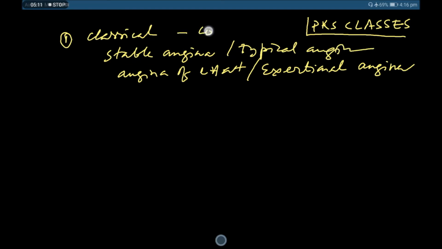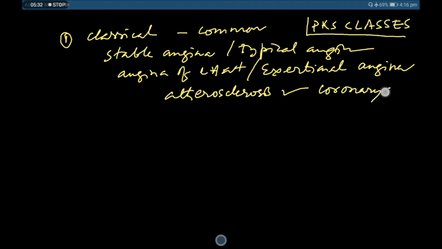This is the most common form of angina, where there is obstruction of large coronary arteries because of atherosclerosis. There is deposition of cholesterol, there is hyperlipidemia, and the coronary artery is blocked.